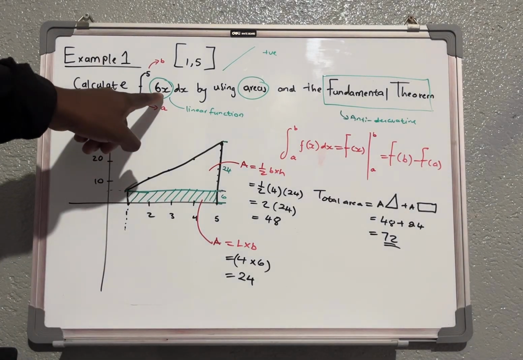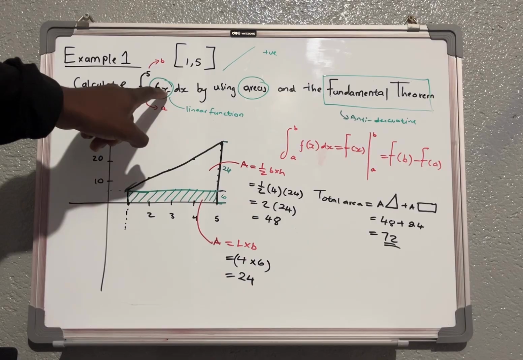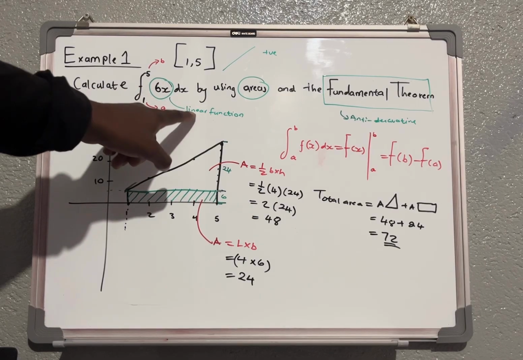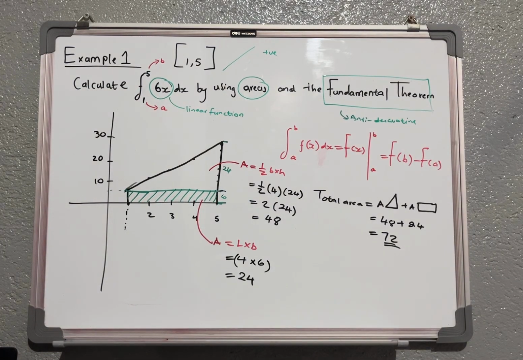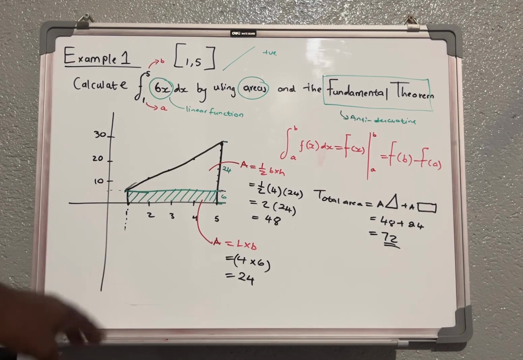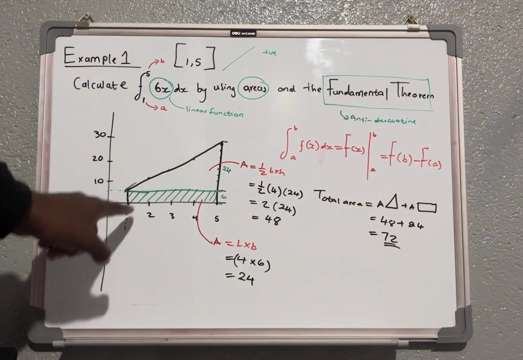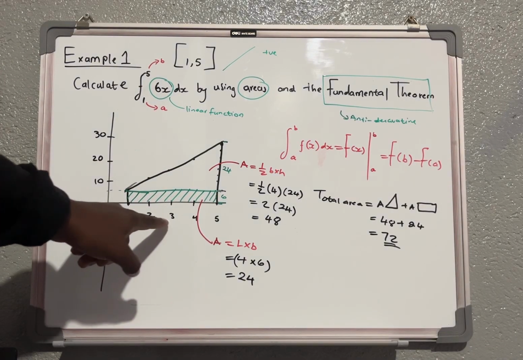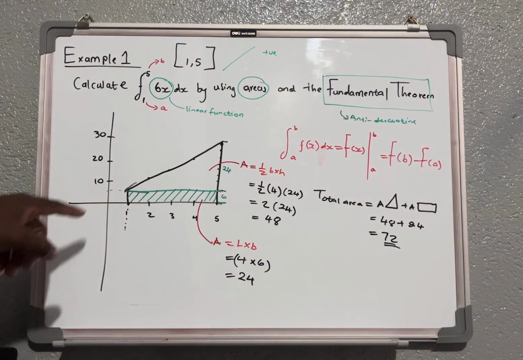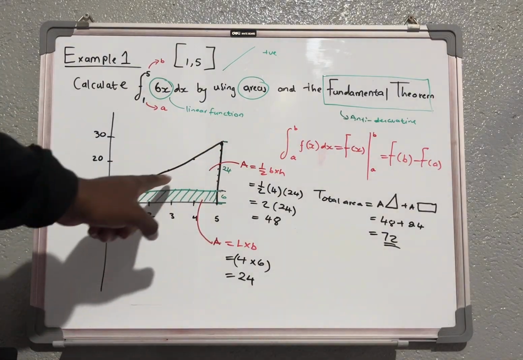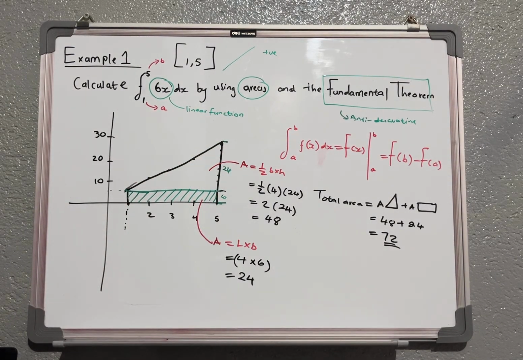Then the second thing I checked was the function, 6x, which is linear. To determine the corresponding y values, where I see x, I input 1, 2, 3, 4, and it gives me those numbers that help me draw a graph.